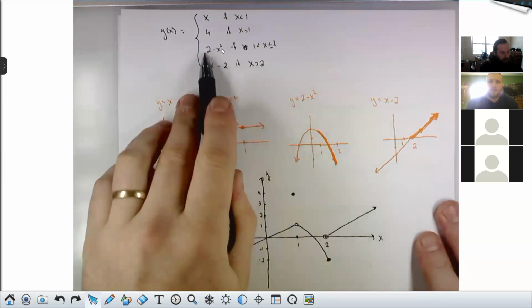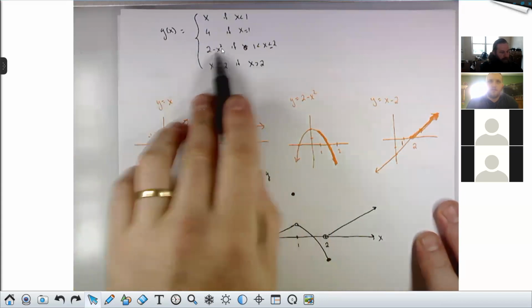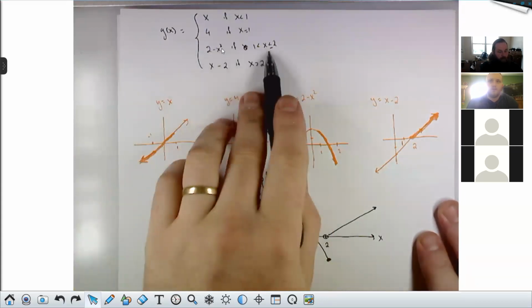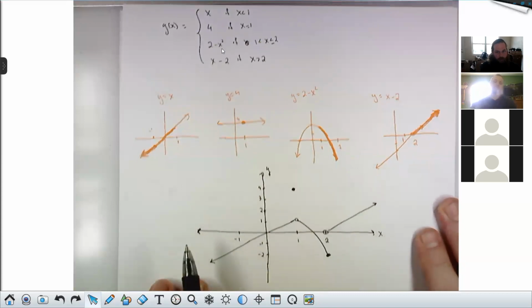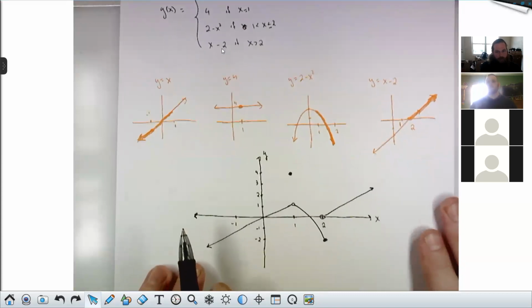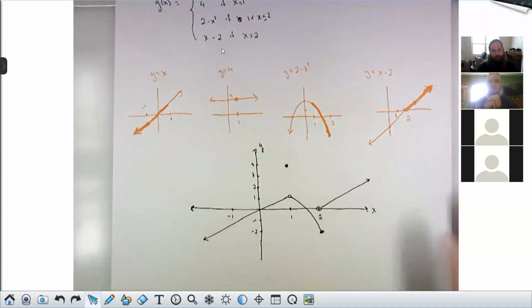But my function only behaves like this for x's between 1 and 2. I could bring this all the way up over here, but that part of the parabola isn't on this graph. Does that make sense? Yep. So this is the graph of our function here.